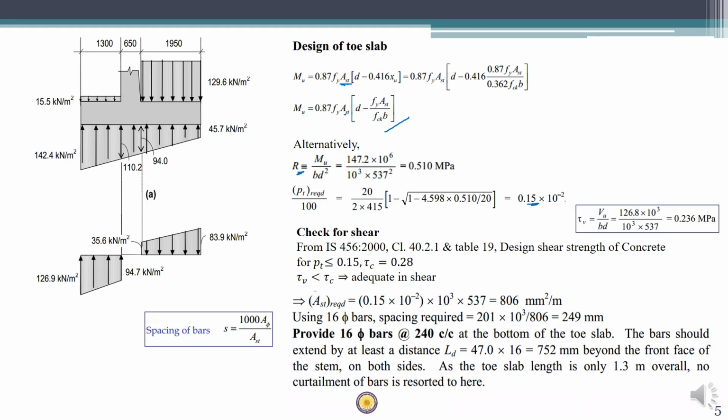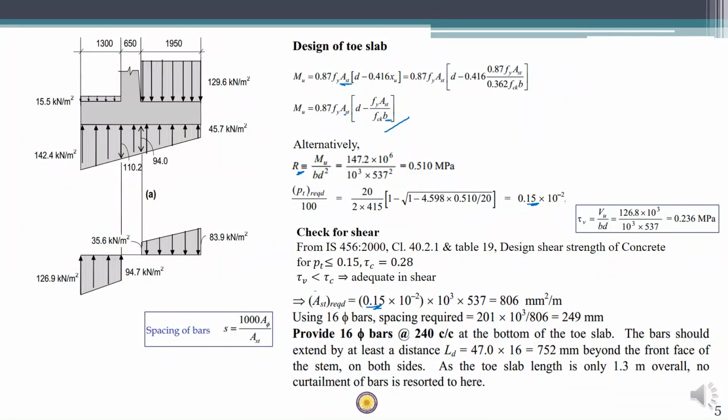From the percentage of steel required, you can calculate the AST required, which is PT into b d, 1000 into 537. It is important to note that wherever b is there, the value will be 1000, because we are designing a slab, and hence we are designing it for a 1 meter strip.